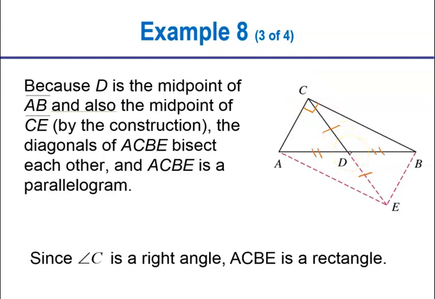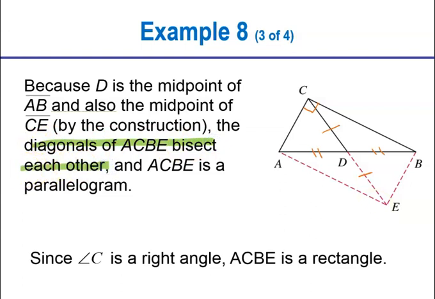The diagonals of ACBE, the entire quadrilateral, bisect each other. Why do we know that? Because it's already constructed that way. This was the median, so that cut that one in half, and then we drew this one that way. So these diagonals bisect each other, and ACBE is a parallelogram. Remember, if the diagonals of a quadrilateral bisect each other, it's a parallelogram.